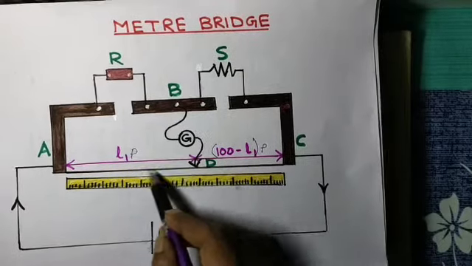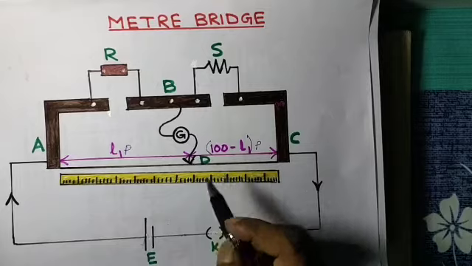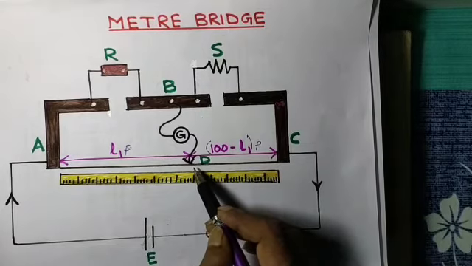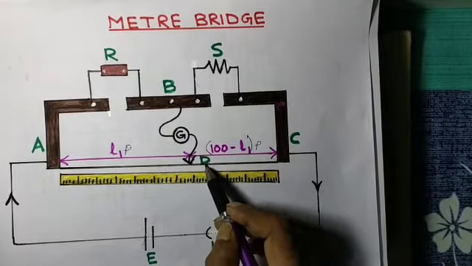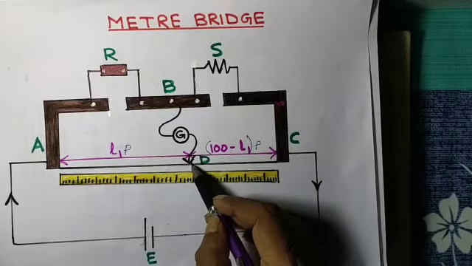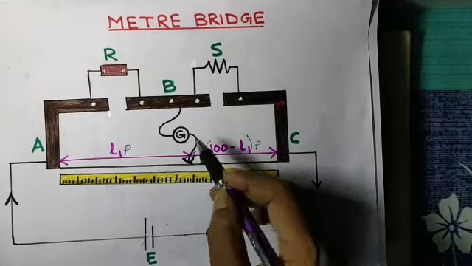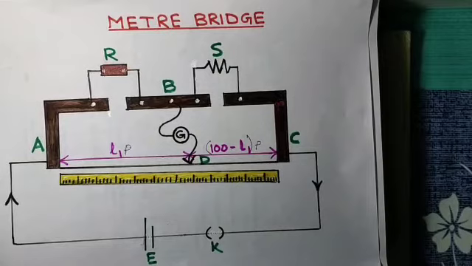Suppose we have got one point, that may be D, and at this point D we get the null condition or balance condition of the galvanometer.